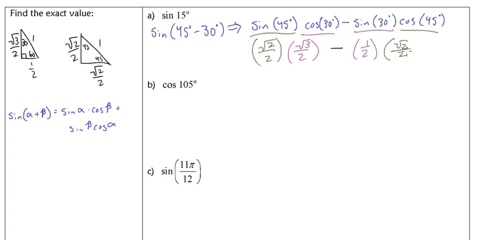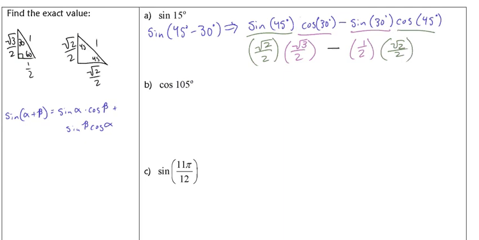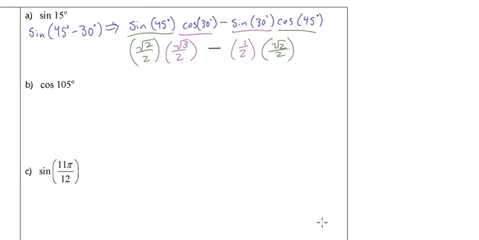This is going to give us, when we multiply it out, the square root of 6 over 4 minus the square root of 2, also over 4.